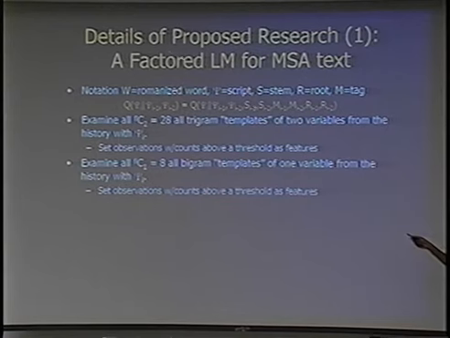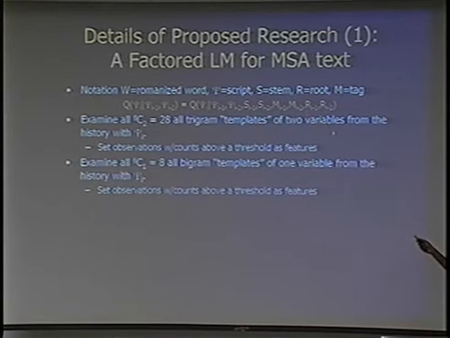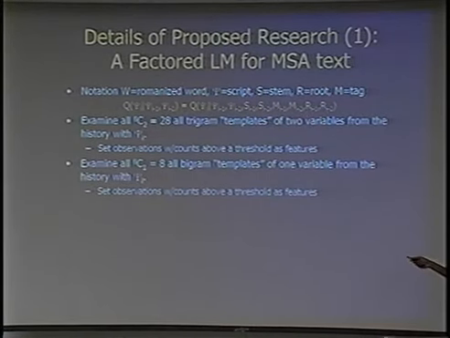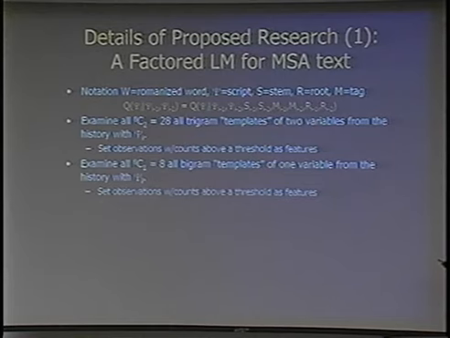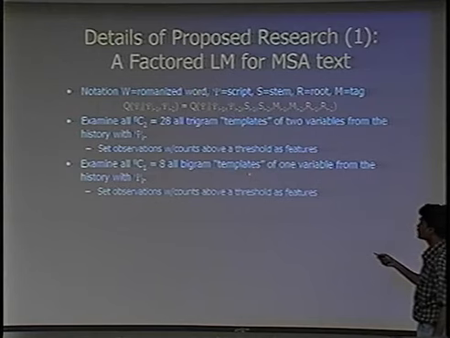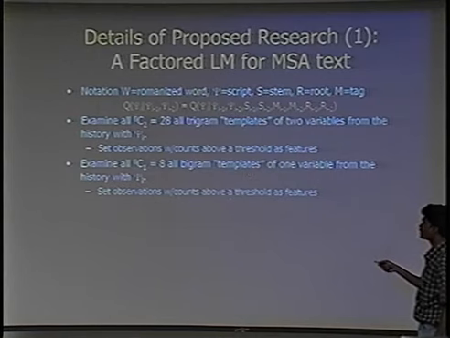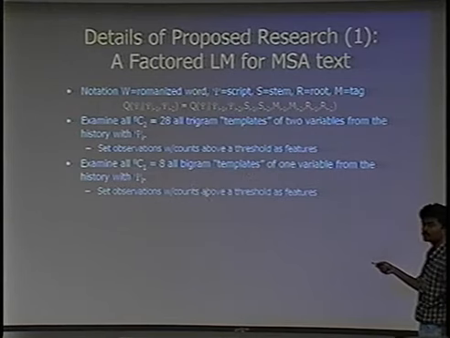So there are 8 conditioning variables, so we can form 8 choose 2, that is 28, trigram templates. And for each configuration of this template, we can select the feature if it is above a certain threshold. Similarly, for the bigram case, we have 8 possible bigram templates, and we can use similar thresholding techniques to select the features for a model.